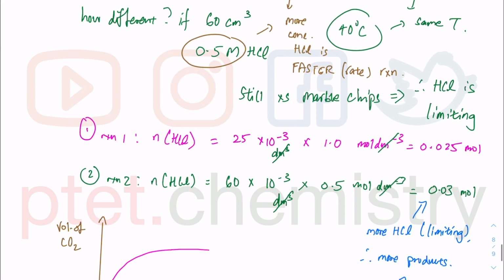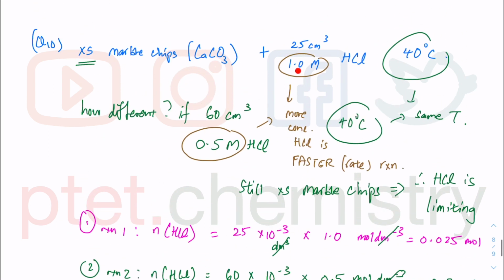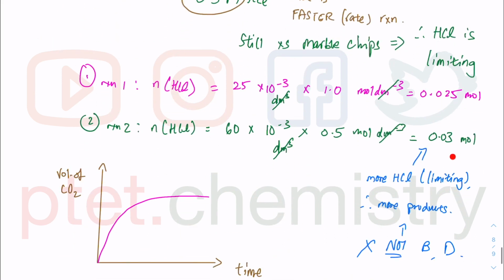The second one is using 0.5 molar HCl, so it is slower than that, but you will get more product out because you have more of the limiting reactant that reacted. So it will be slower, but you will get more product.